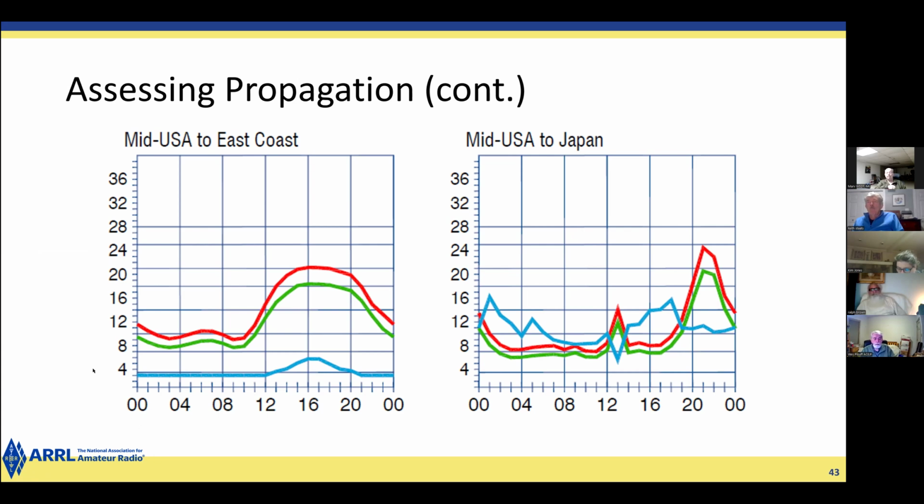The three lines here are, the blue line at the bottom is the lowest usable frequency.